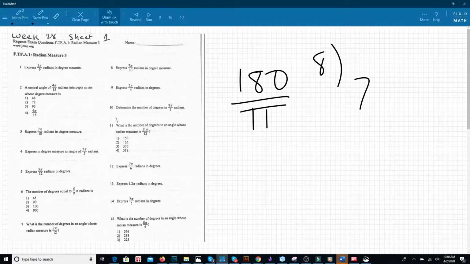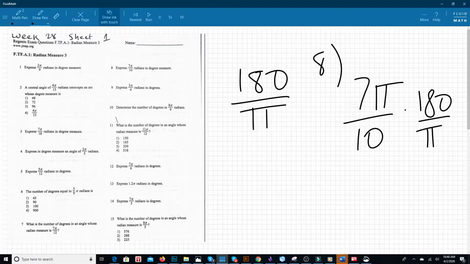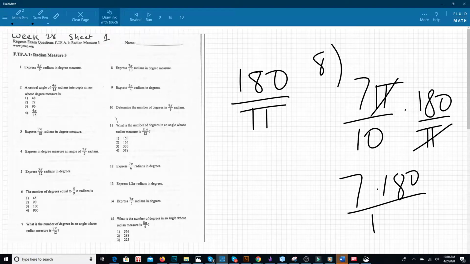So we have 7 pi over 10 times 180 over pi. Cross out, cross out. We have 7 times 180 divided by 10. 7 times 180 is going to give us what? 1260.